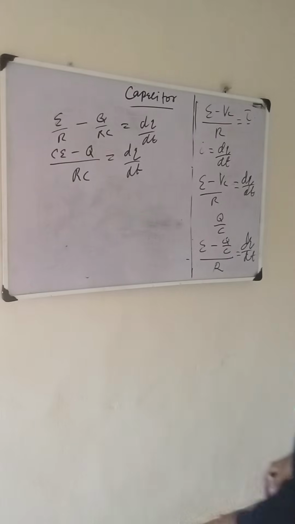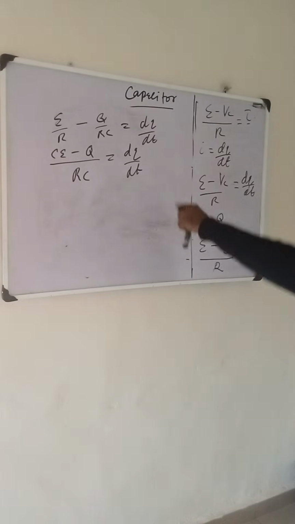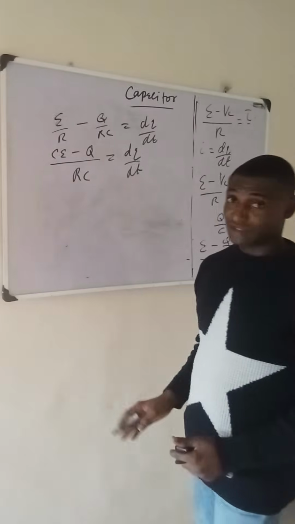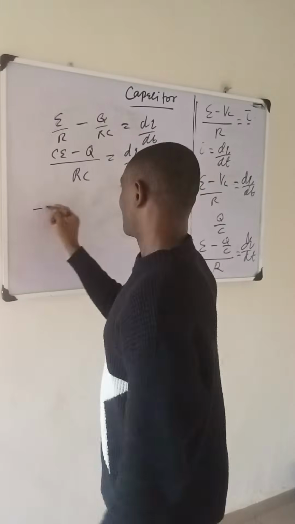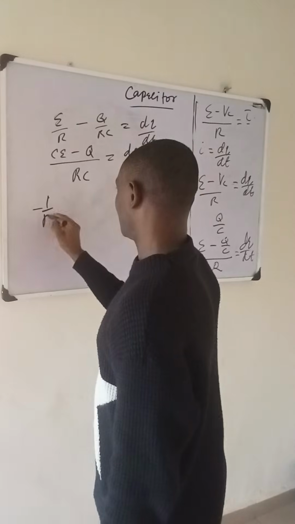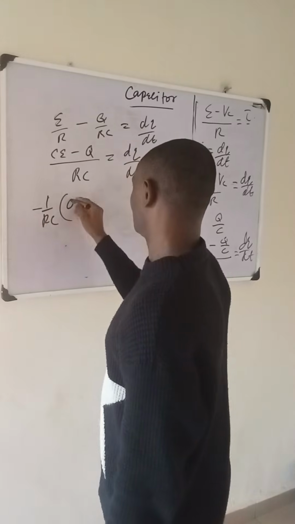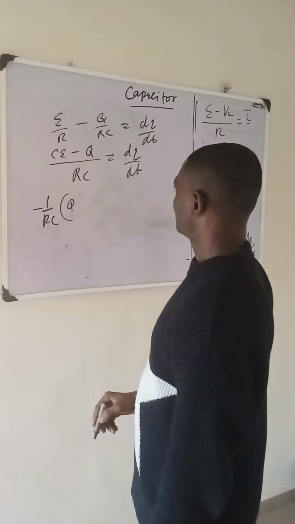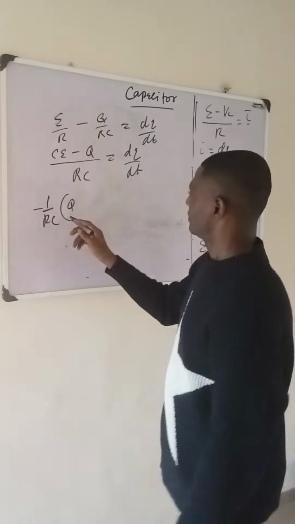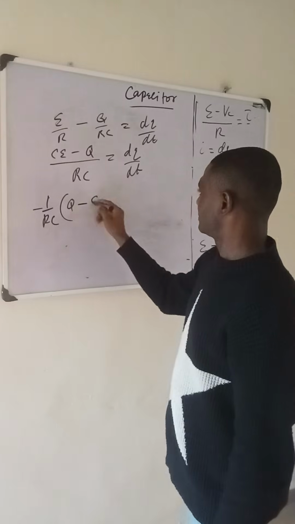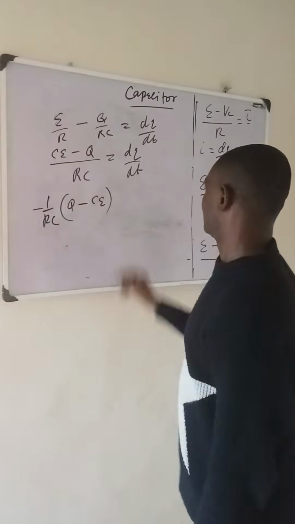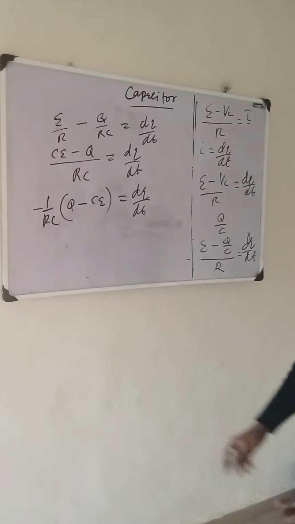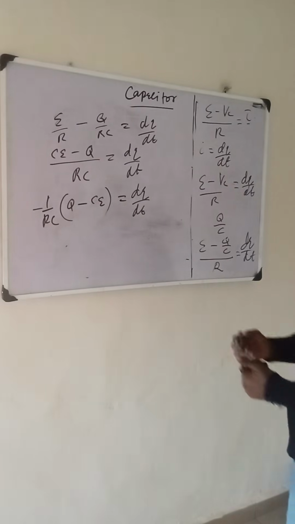Now that we have this differential equation, we can simplify the left hand side by having negative 1 all over RC into Q minus CE, and this is equal to dq dt, the change of the amount of charge with time.